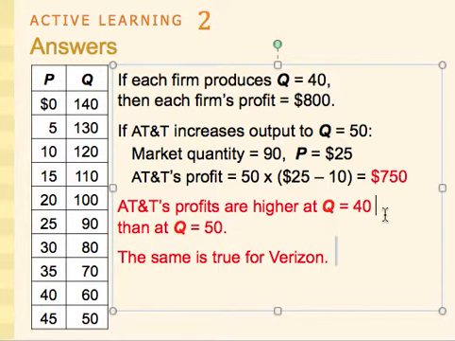Now in the previous scenario, they cheat on each other and get all the way up to say 70 or 80 market output, which lowers their price, which means they're making a profit of $800. Now if you take it a step further and they go all the way up to 50, if one of them does it, AT&T's profit will be a mere $750. If they both do it, it's going to go down even more.